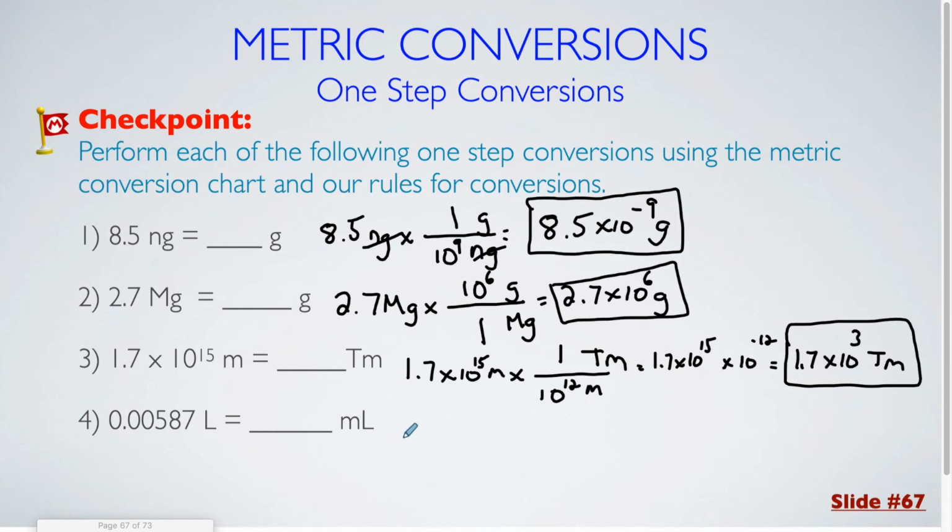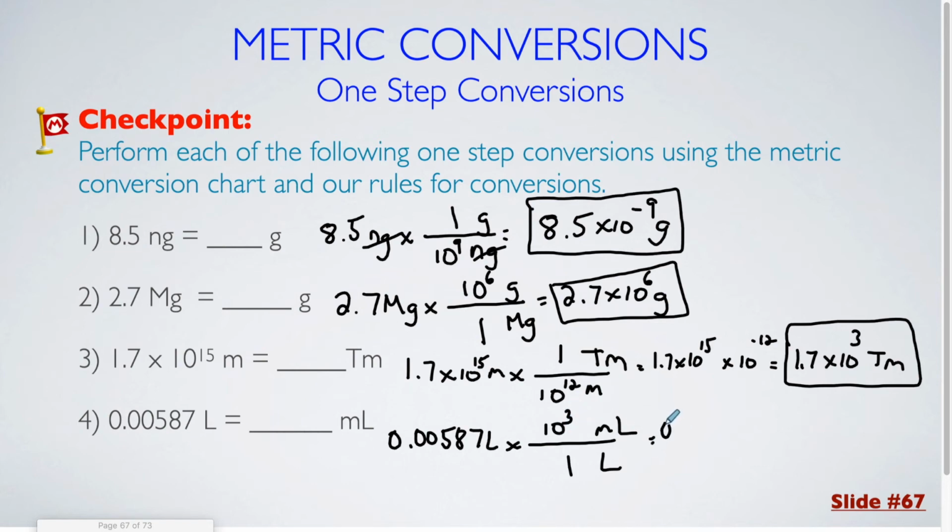All right, in our final example, we have 0.00587 liters. We're going to cancel out on our way to milliliters. Liters is larger. The conversion factor for milli is 10 to the third.